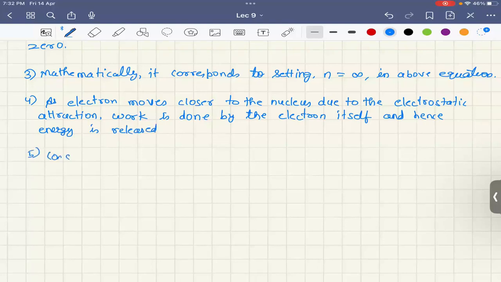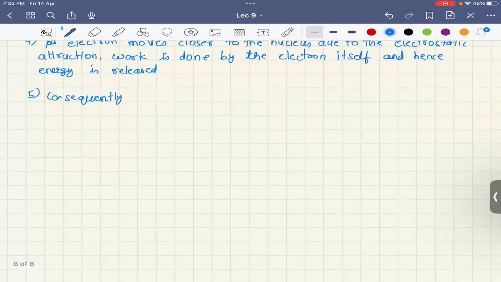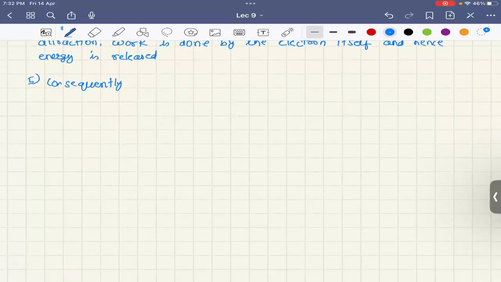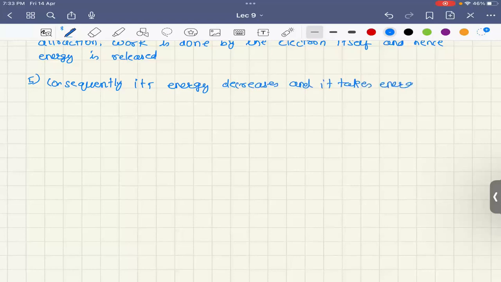Consequently, its energy decreases and it takes energy values less than 0, right?